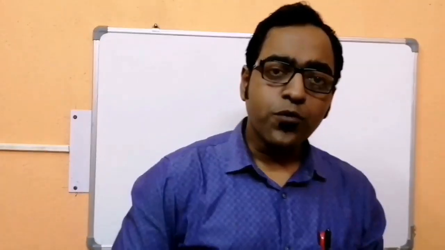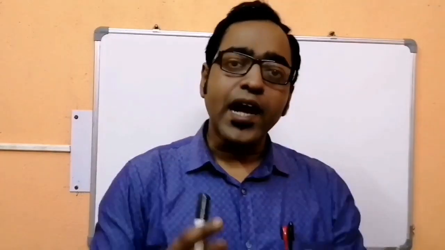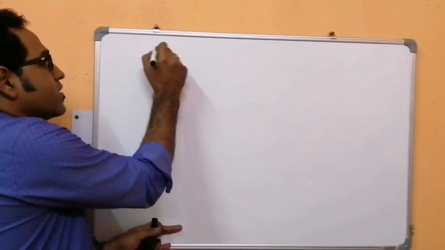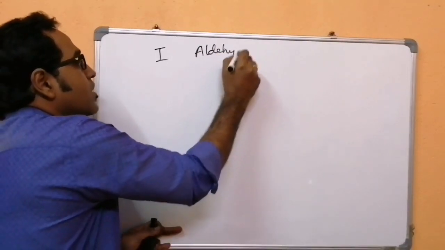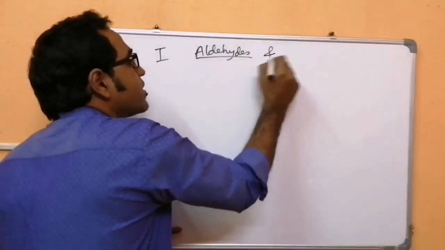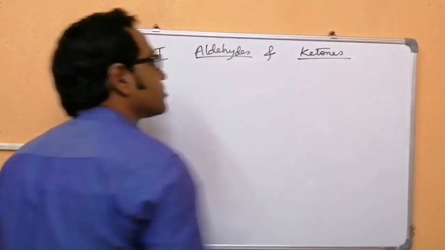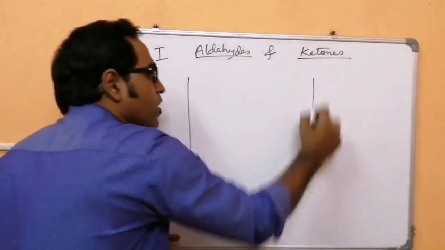Let's start with our topic, and the first type which I am going to discuss is distinguishing between aldehydes and ketones. So type 1, between aldehydes and ketones. What you have to do is draw 3 columns.